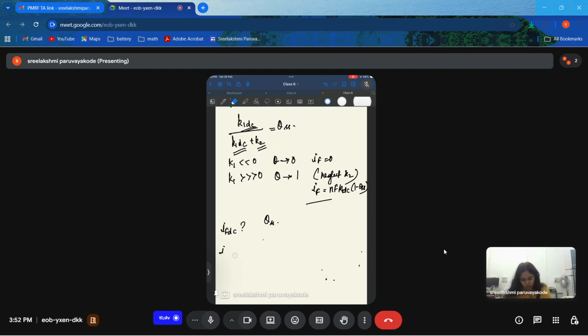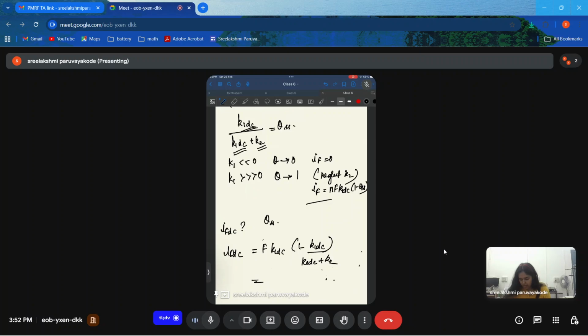Okay. So if I write IF DC when theta tends to 0, we can see this becomes F K1 DC (1 minus K1 DC by (K1 DC plus K2)).